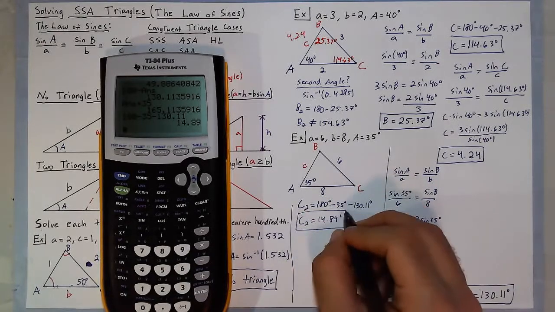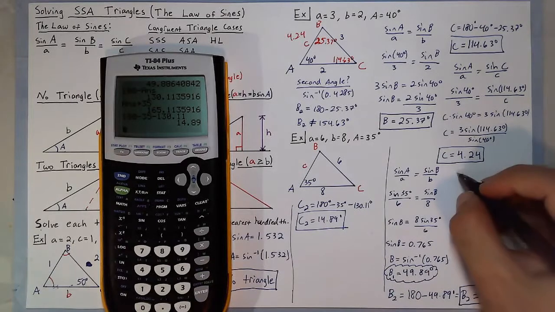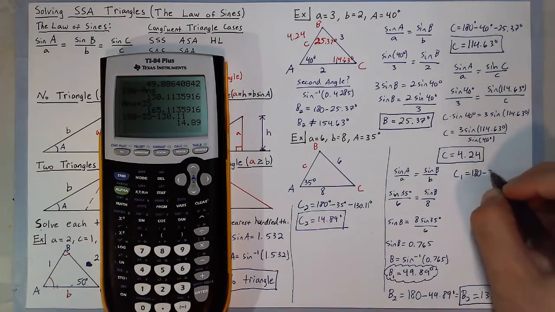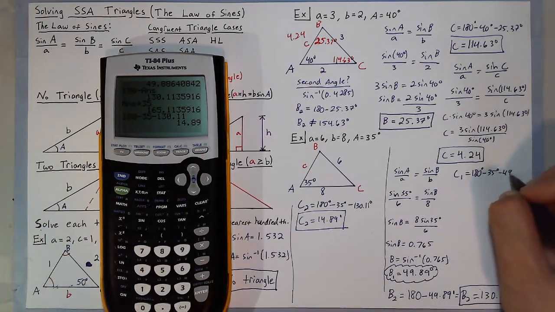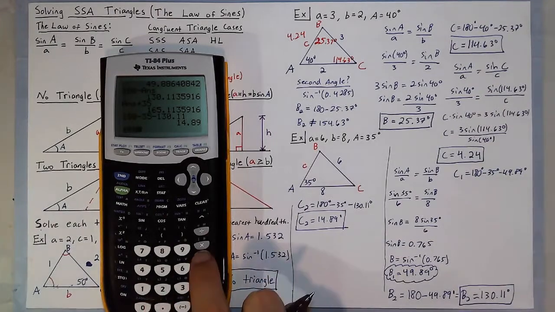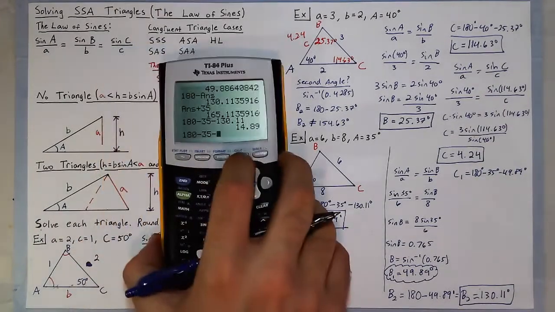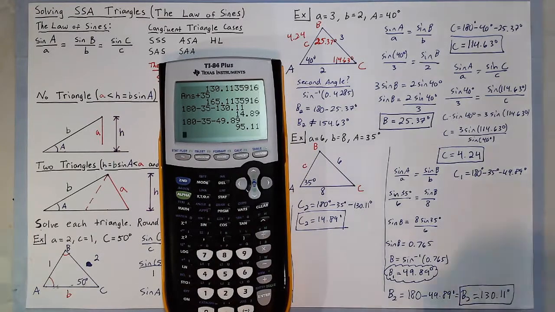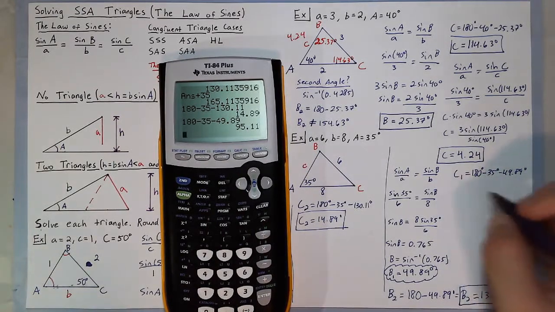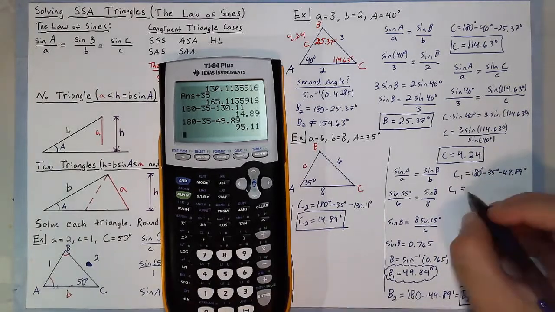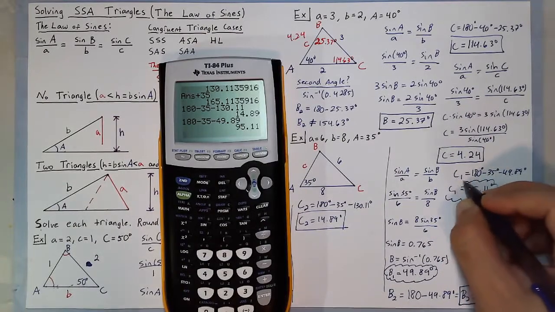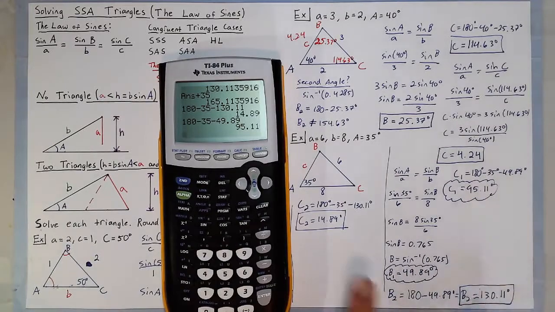And for my first triangle I found, C1, that angle would be equal to 180 minus 35 degrees minus 49.89 degrees, which is 95.11 degrees. So C1 is equal to 95.11 degrees. Again, using little clouds for my first triangle and boxes for my second one.